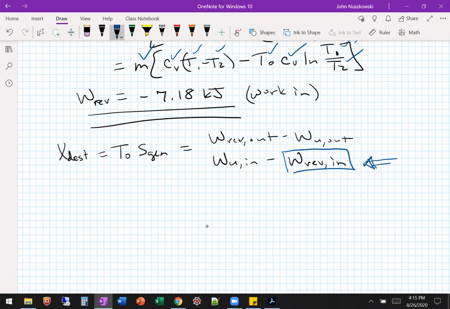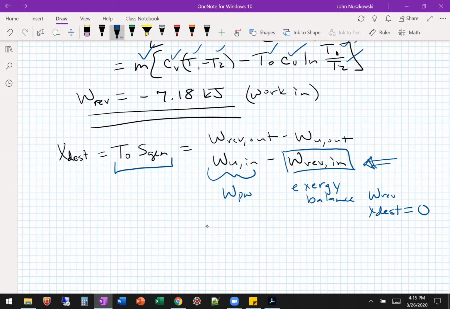Well, we solve directly with the exergy balance for work reversible with X destroyed equal to 0, right? Well, we could easily have, because we have the work of the paddle wheel, right? We could have easily solved for T0 S gen and then just moved the paddle wheel work over and used that to solve for work reversible in.